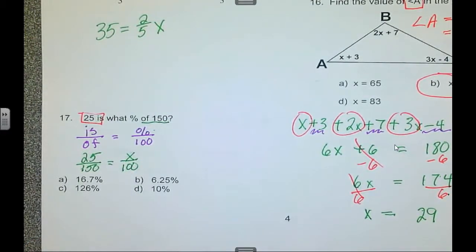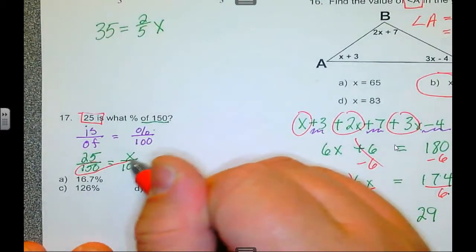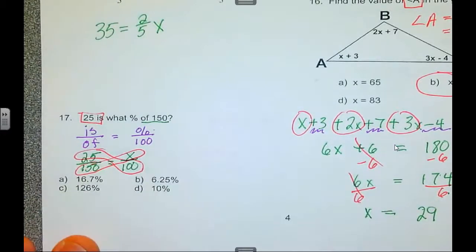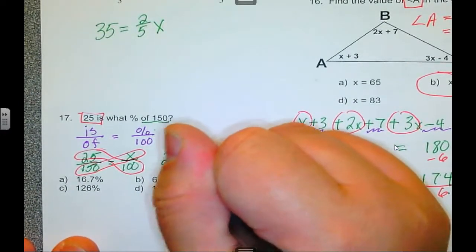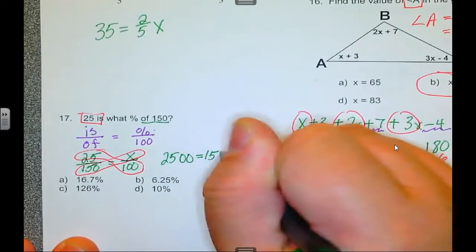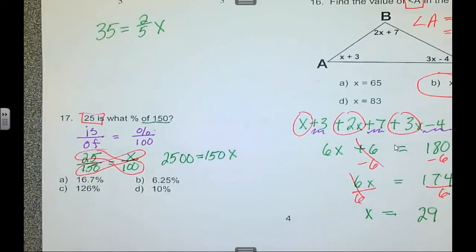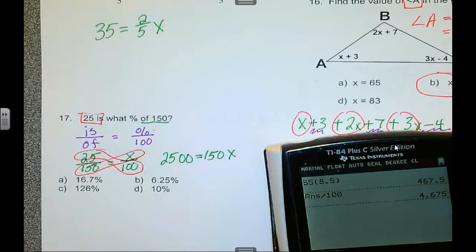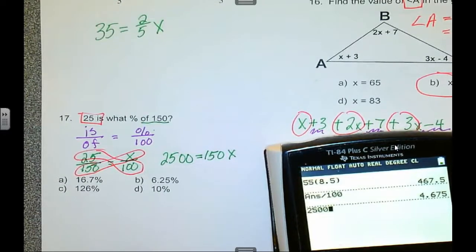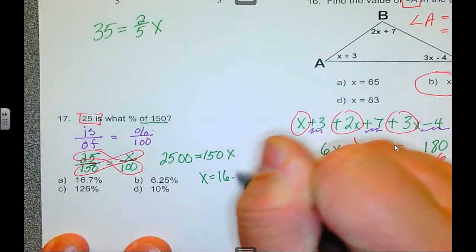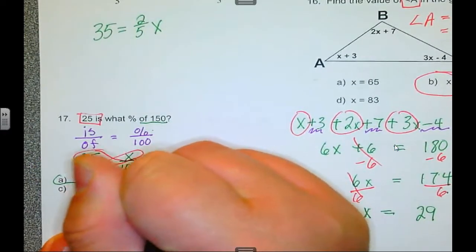Cross multiply and solve. So 25 times 100 is 2500 equals 150x. Divide both sides by 150. I would use your calculators. 16.7, which is A.